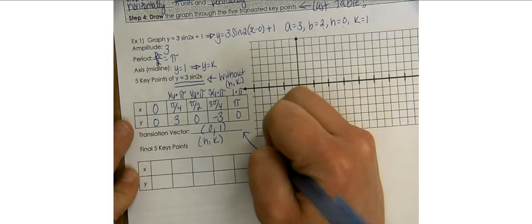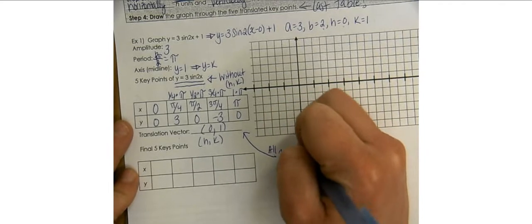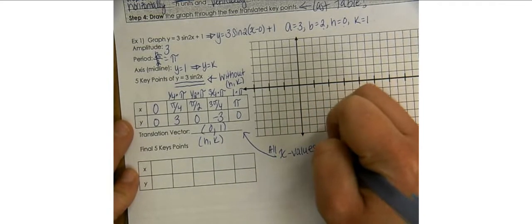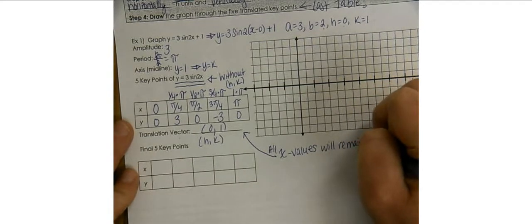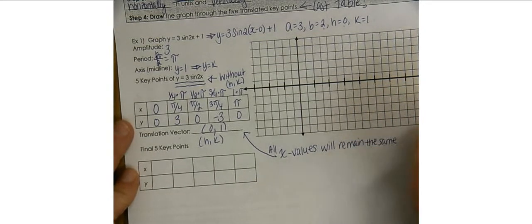This means that all x values remain the same. So I'm going to write all x values will remain the same. Which means, in other words, that there is no horizontal shift.